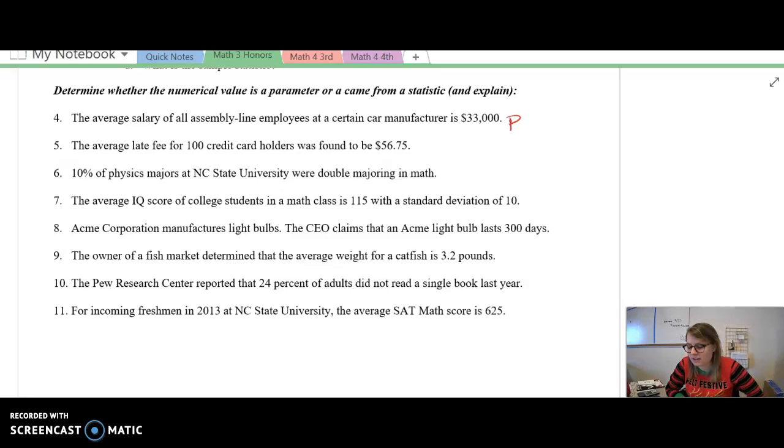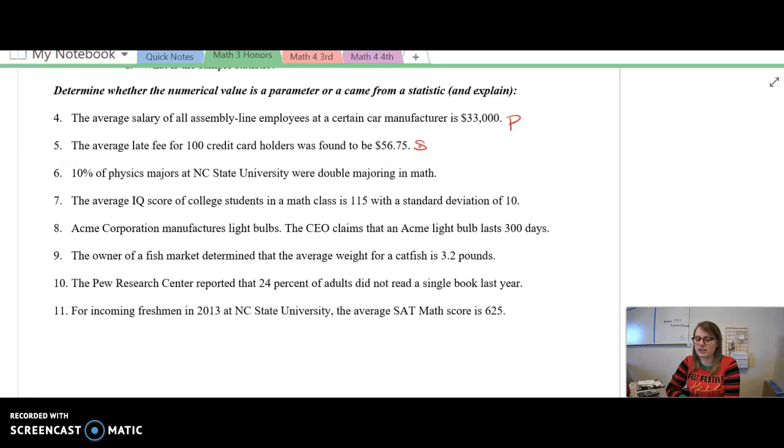Okay, the average late fee for 100 credit card holders was found to be $56.75. That is going to be a statistic because there is way more than 100 credit card holders. There is thousands upon millions of people who have a credit card.